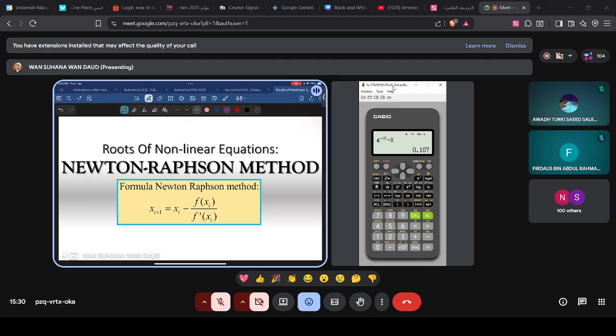You don't have to memorize it because we provide the formula completely. So the formula for Newton-Raphson is x(i+1) equal to x(i) minus f(x) over f prime(x). You can see there is a prime here, meaning that you have to do the differentiation if the differentiation value is not given for you.